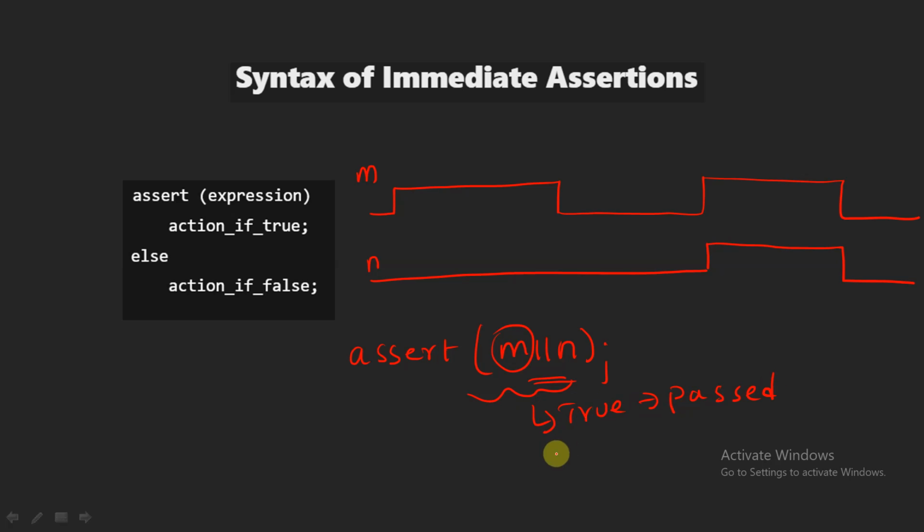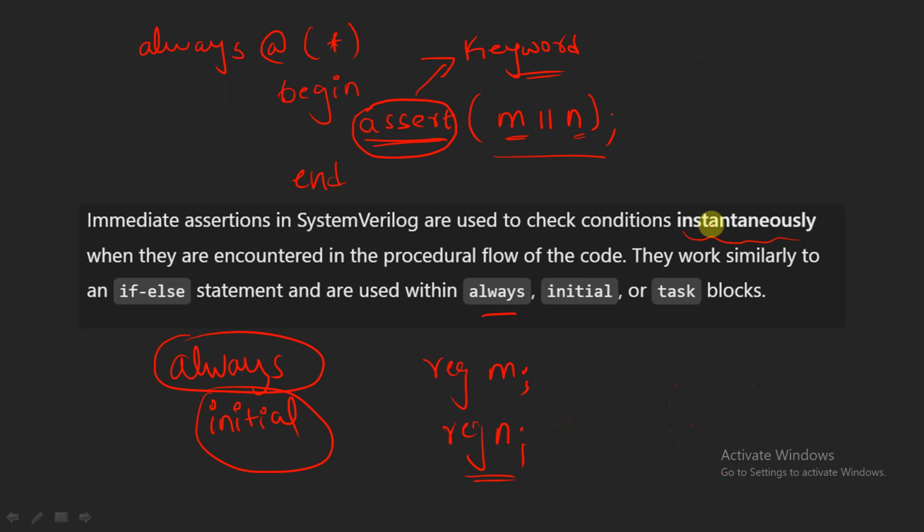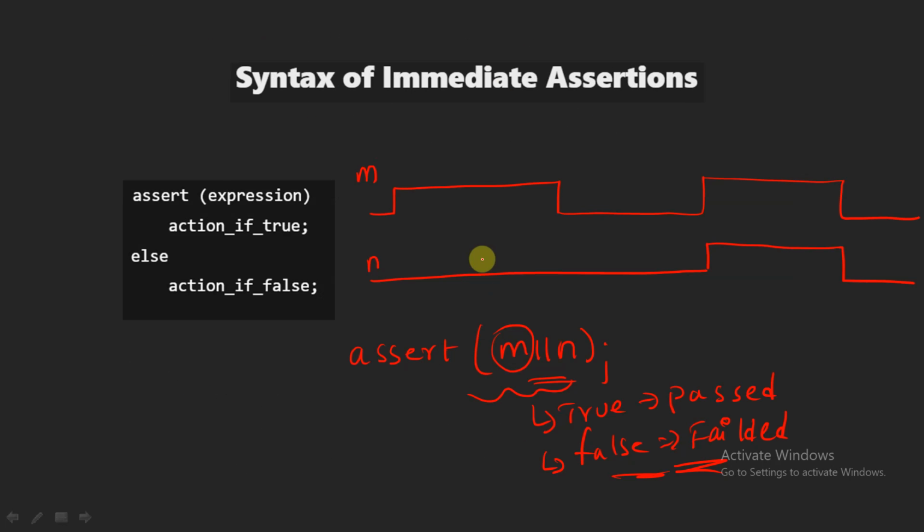Or else, if it is false, then the assertion will fail. So what is happening at this particular instance? This assertion is an immediate assertion, and as in the definition, instantaneously, at every instant of time, this assertion is going to be checked.